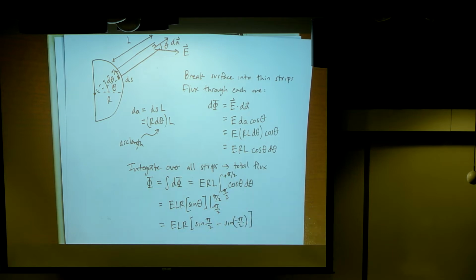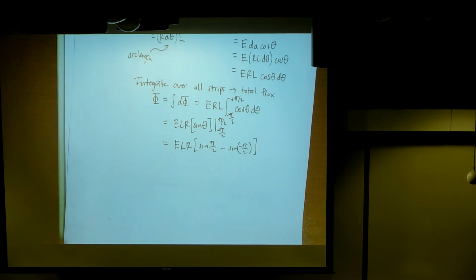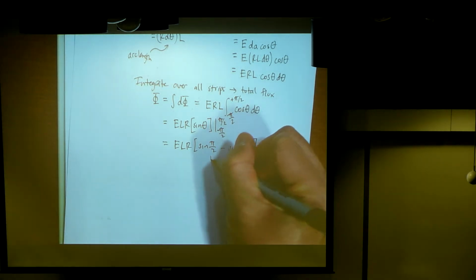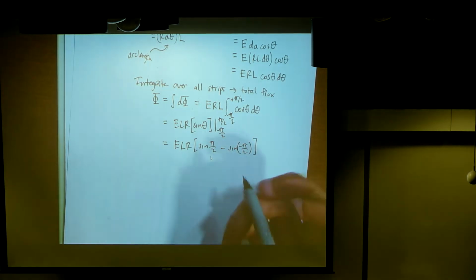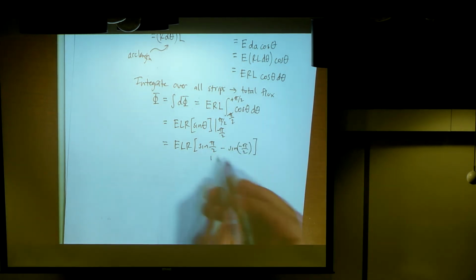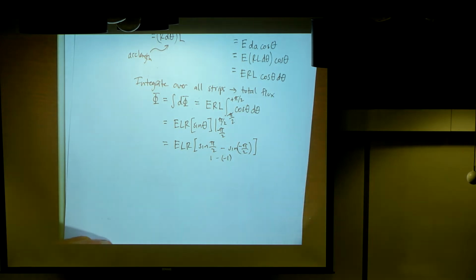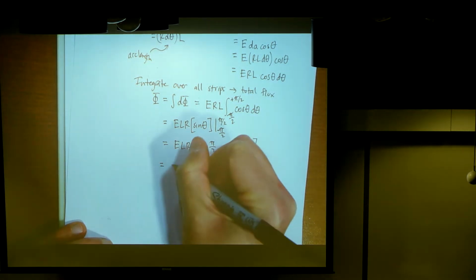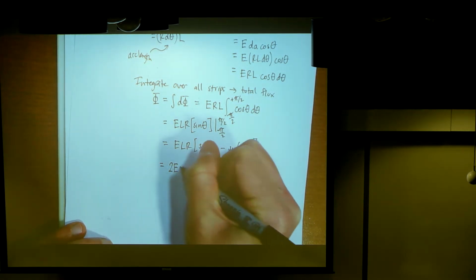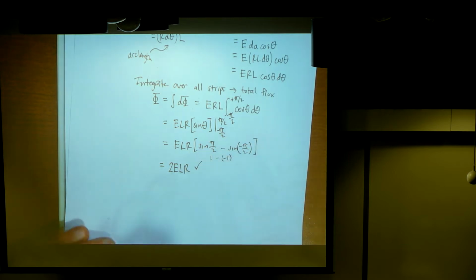And just real quick, what is sine of pi over 2? And what's sine of negative pi over 2? Negative 1. So in the brackets we have 1 minus negative 1, which is 2. So the answer is 2 times E times L times R.